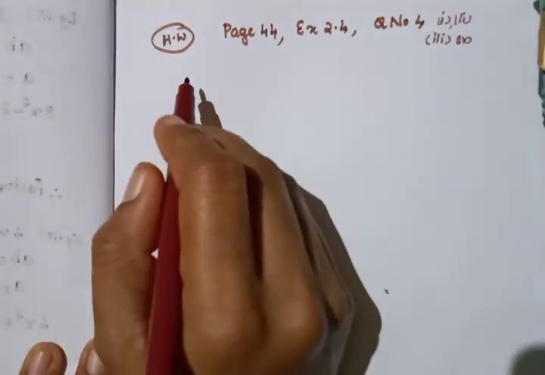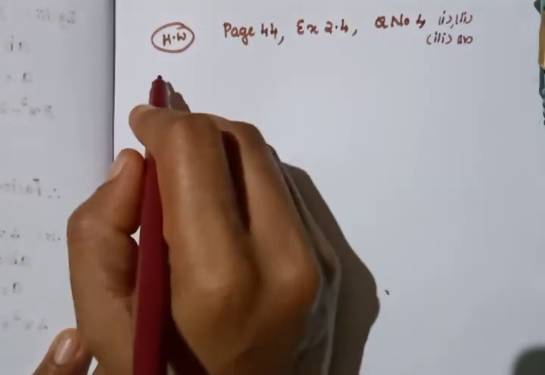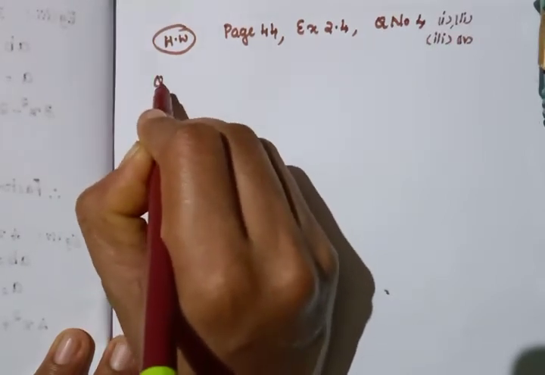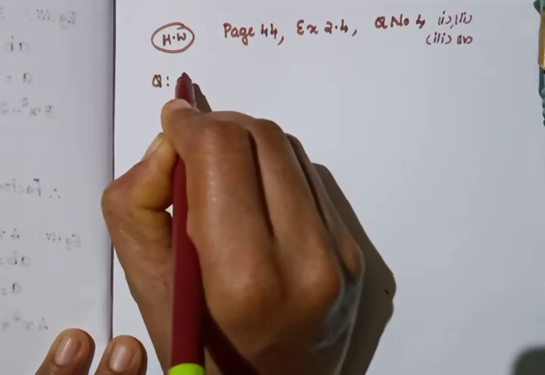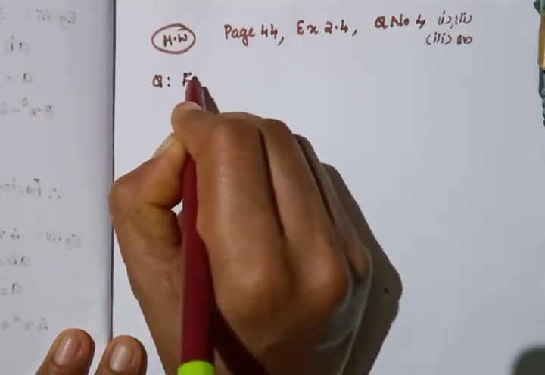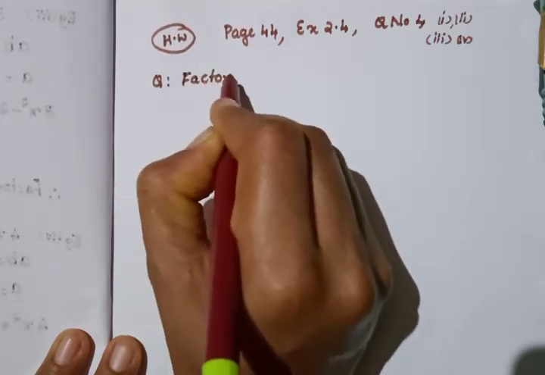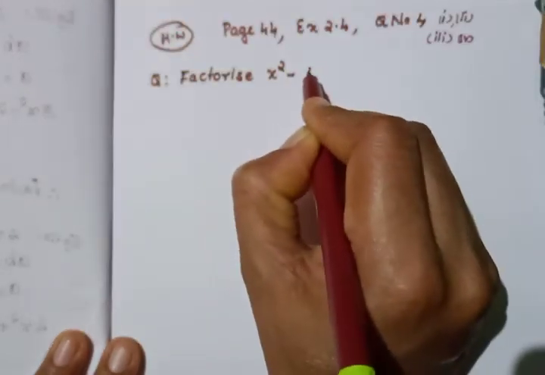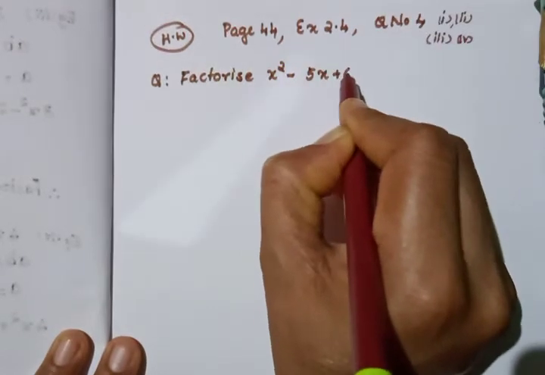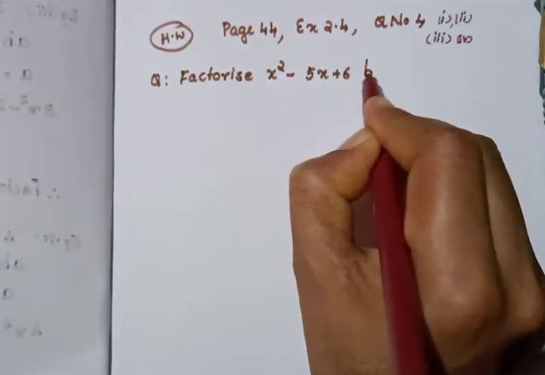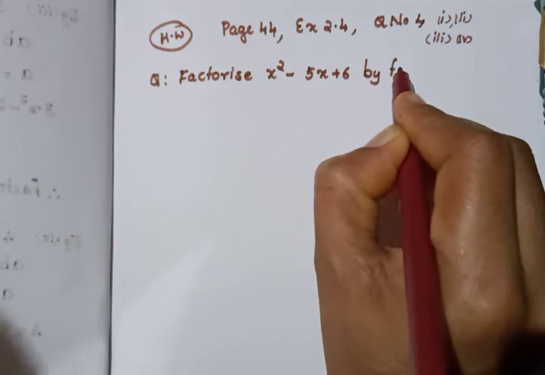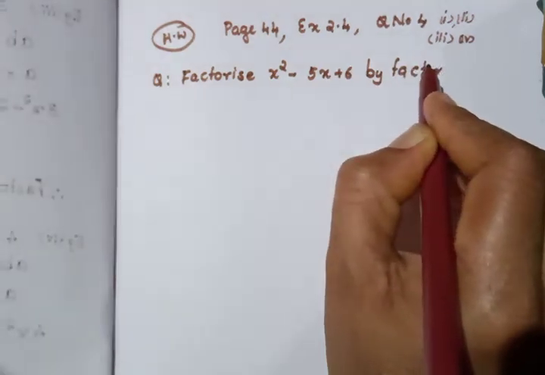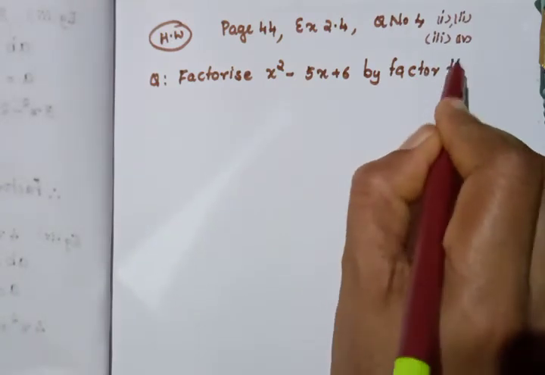Now I am giving a similar type 1 question for solving. The question is: factorize x square minus 5x plus 6 by factor theorem.